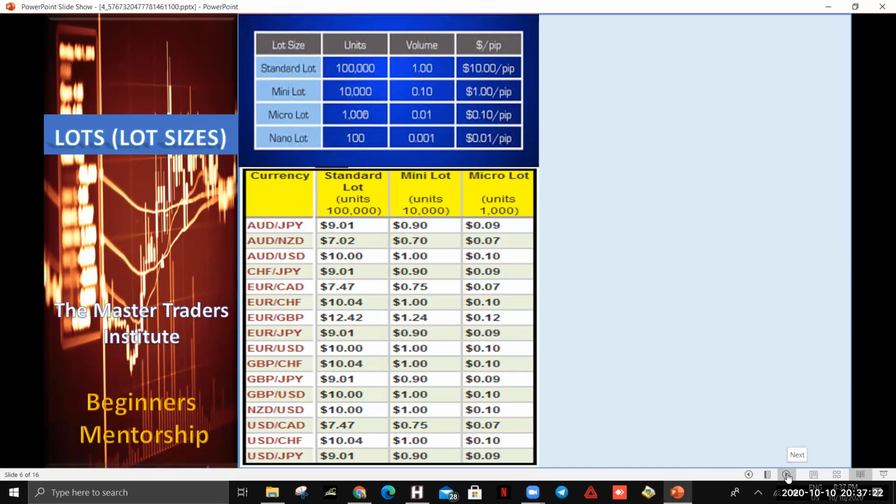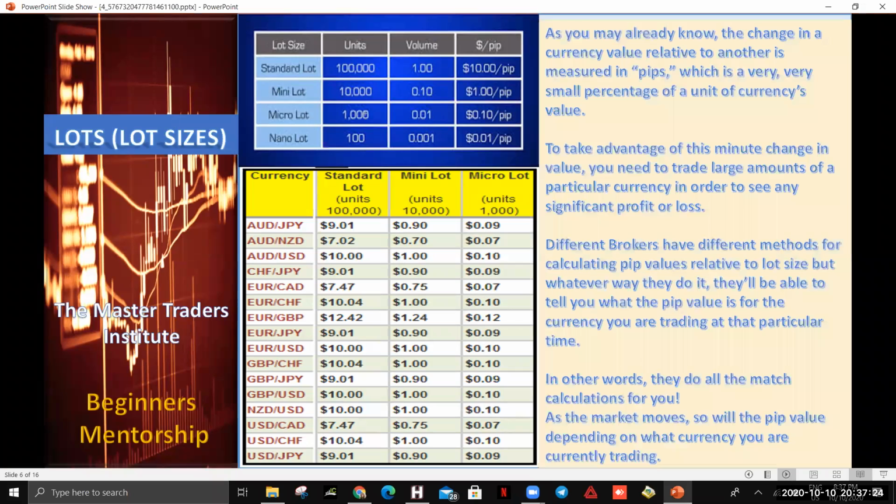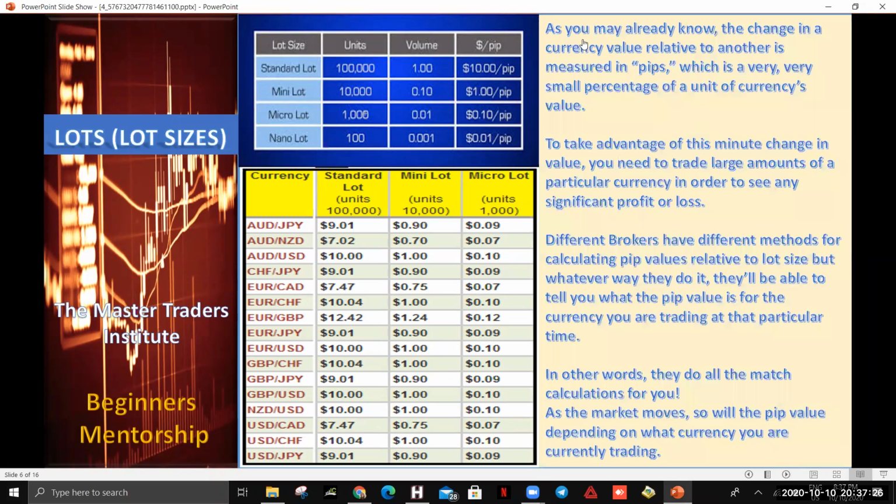Okay, this is just to understand the lot sizes that we're using. Now let me explain to you how it works here. As you may already know, the change in the currency value relative to another is measured in pips, which is a very, very small percentage of a unit of currency value. To take advantage of the minute change in value, you need to trade large amounts of a particular currency in order to see any significant profit or loss.